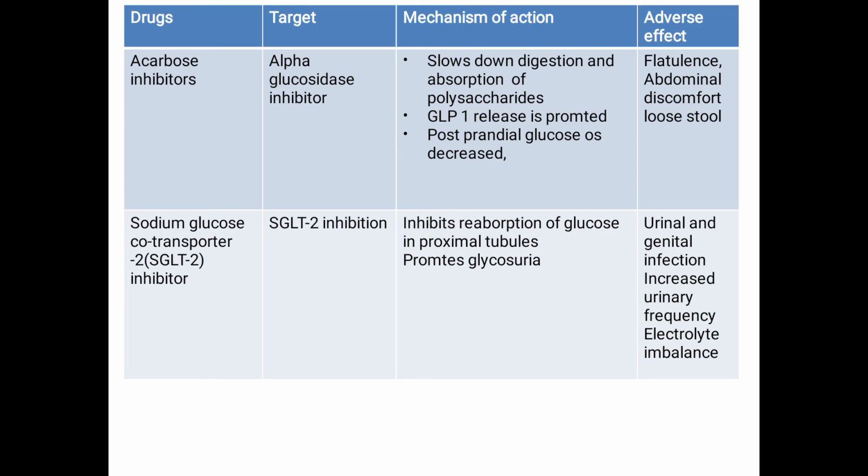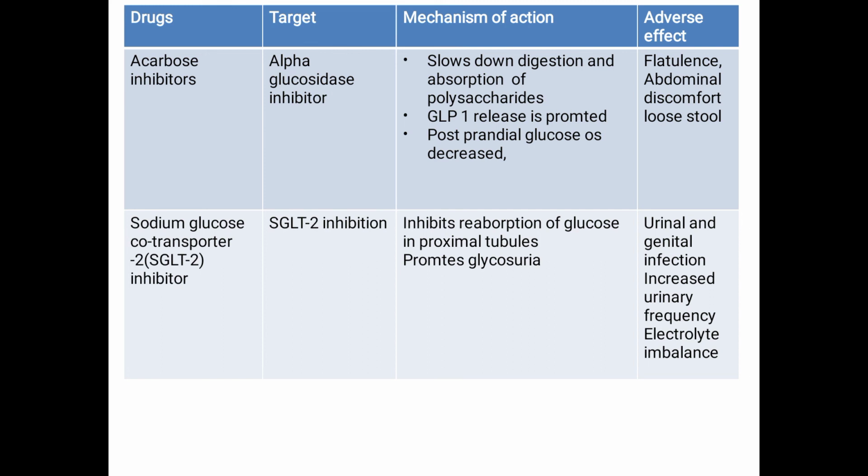But what happens now, because we are going to inhibit the conversion of polysaccharide to glucose, it will be in the intestine, and slowly it will start fermenting, right? So because of that, some adverse effects are going to start, like flatulence, abdominal discomfort, loose stool. All the GI complications will start because of the fermentation of that polysaccharide.